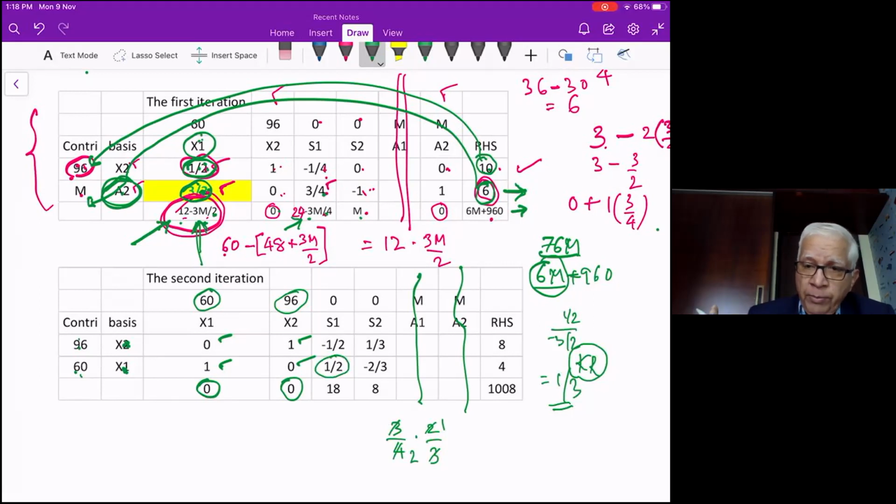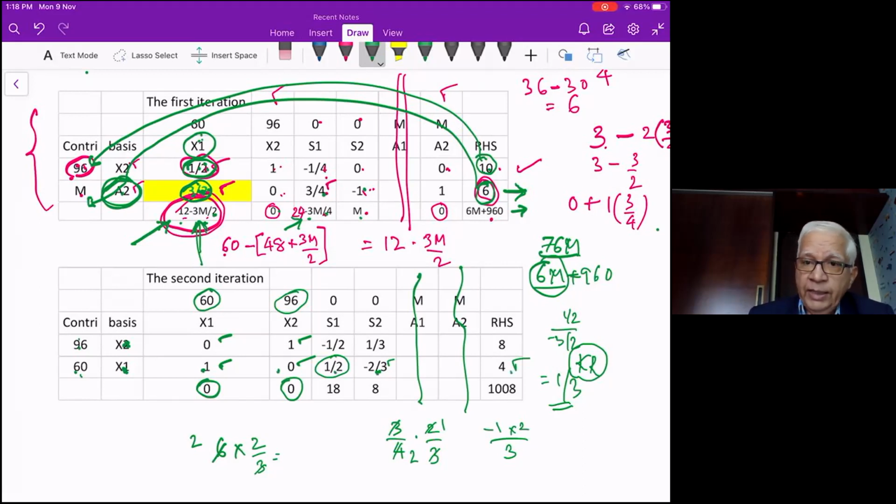New number is equal to old number divided by key number; the key number is 3 by 2. Here also, the new number is the old number, that is minus 1, divided by 3 by 2, that is multiplied by 2 by 3. So minus 2 by 3. Then 6 multiplied by 2 by 3: 2 into 2, 4. So this is 4. So the second row is now written as 1, 0, 1 by 2, minus 2 by 3, 4.